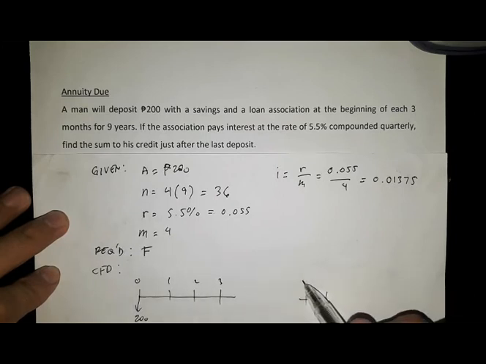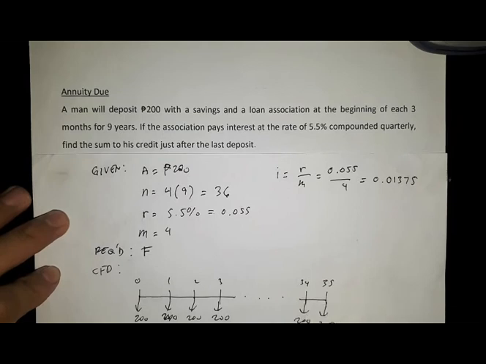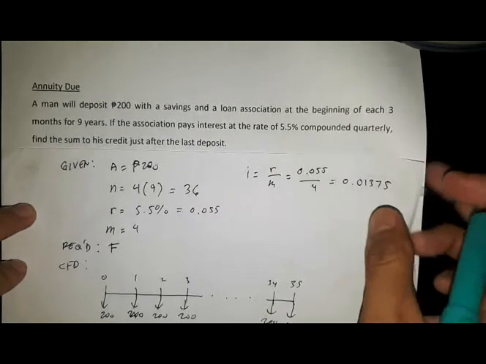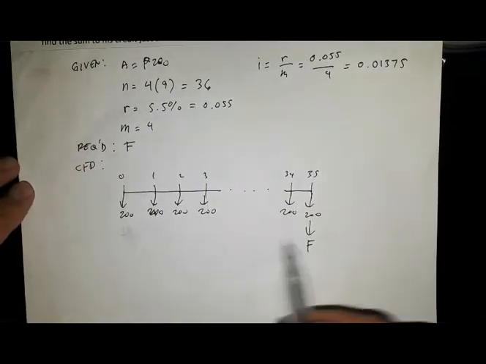So you have a total of 36 payments, and the sum of all the payments F will be here.